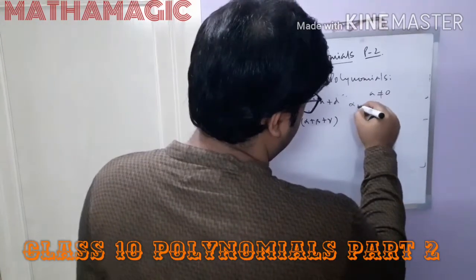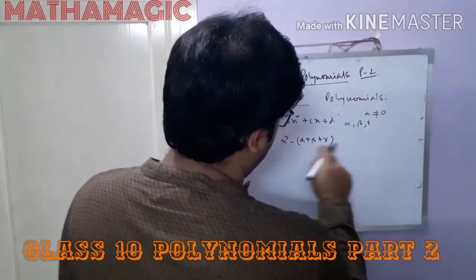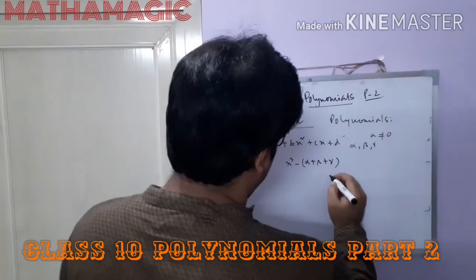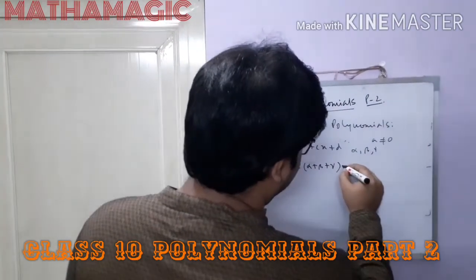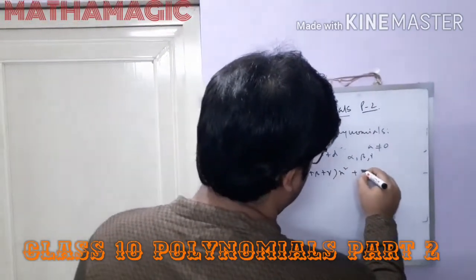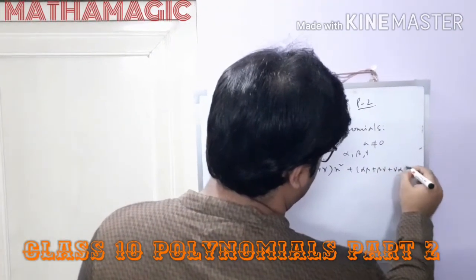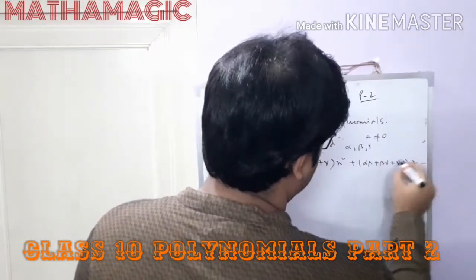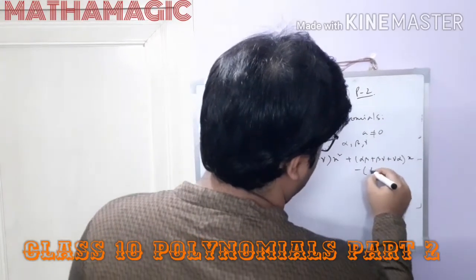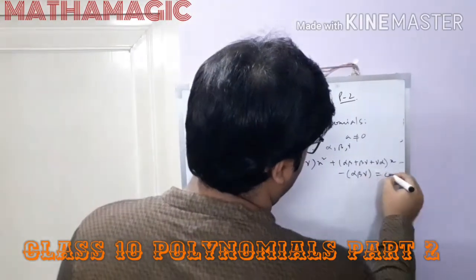There are three roots, right? Alpha, beta and gamma. So it will be x cube minus alpha plus beta plus gamma into x square plus alpha beta plus beta gamma plus gamma alpha into x minus alpha beta gamma equals 0.